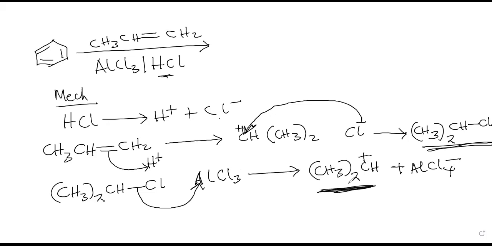So the logic is simple. If you're given a halogen carrier and an acid, you must use both. So first use the acid to attach the hydrogen. Then you use the chlorine to create a haloalkane, or to create an alkyl halide. Then this alkyl halide reacts with the halogen carrier the way we've been doing in other examples.